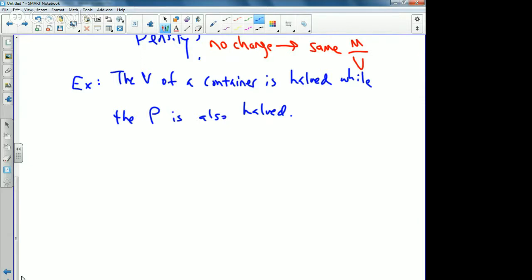What happens to temperature, density, and the speed of the molecules? The volume of the container is half, while the pressure is also half. This is actually similar to an AP question.